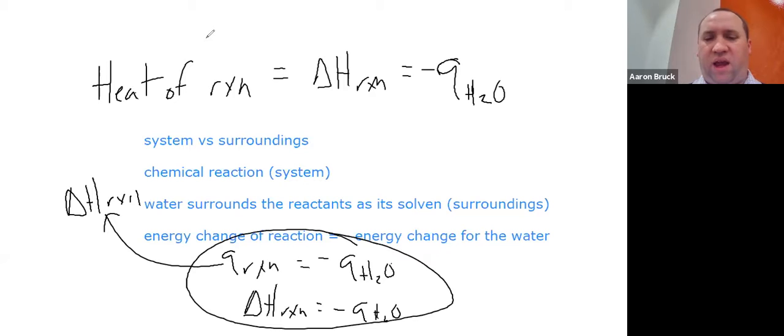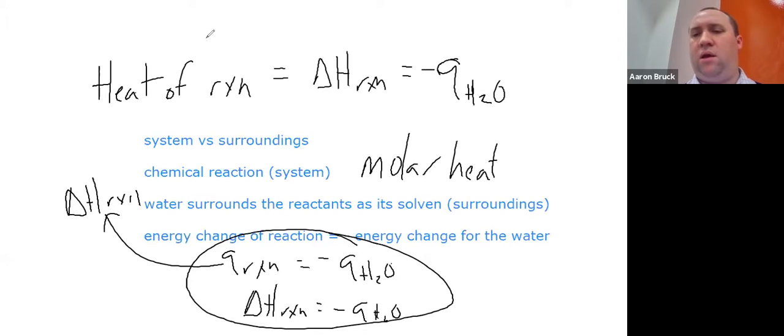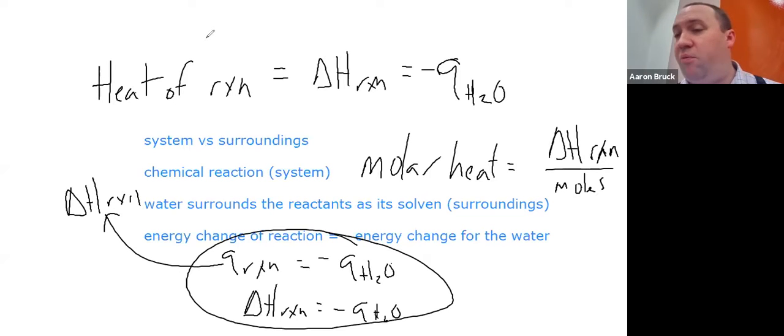The molar heat of reaction would take this value of energy and divide it by the number of moles of product that are being generated.